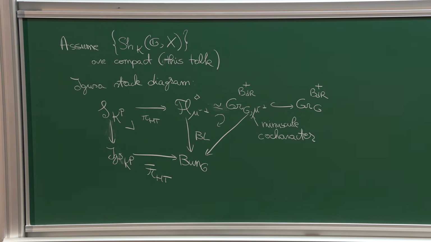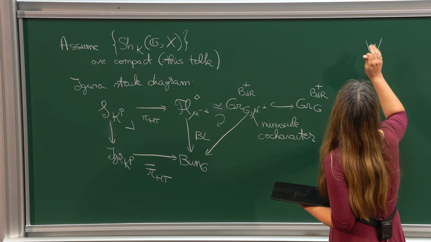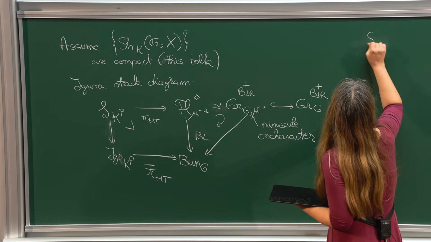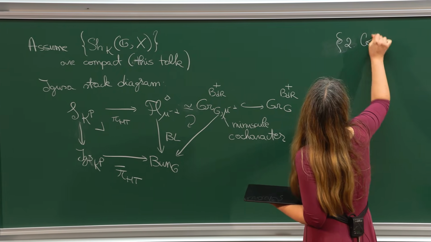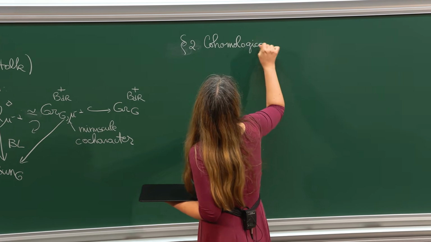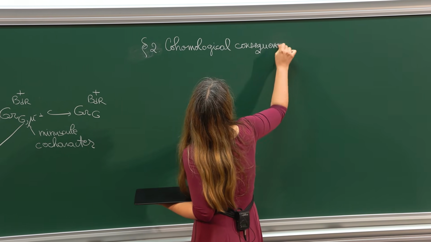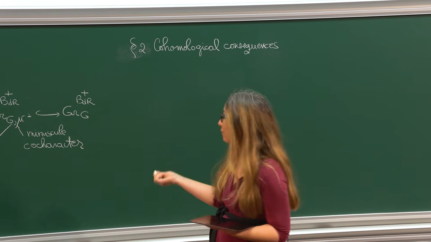Okay, so as I said, this talk is supposed to be about cohomological consequences. We want to understand the cohomology of the Shimura variety.